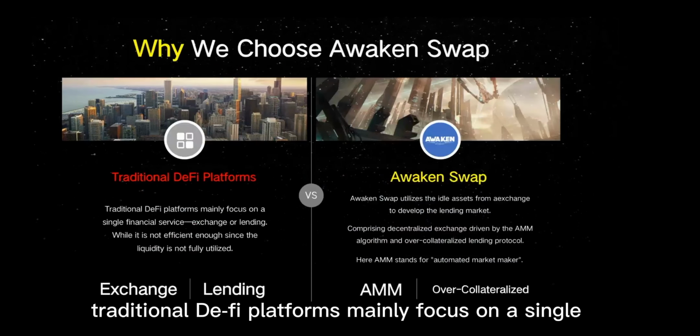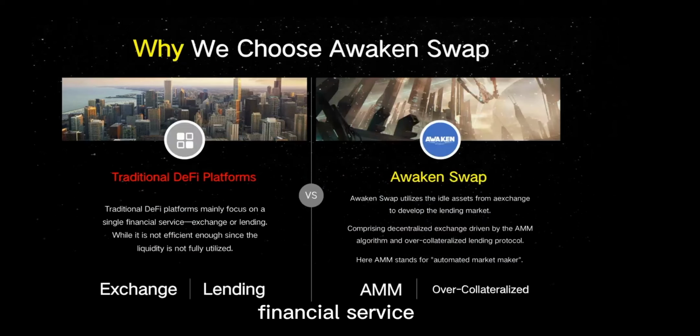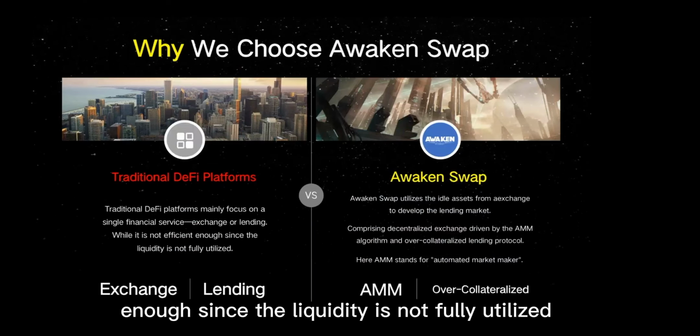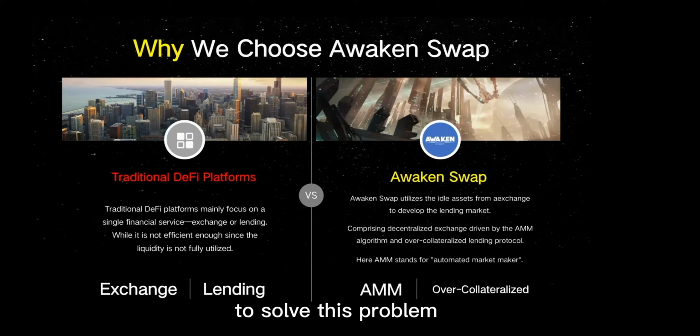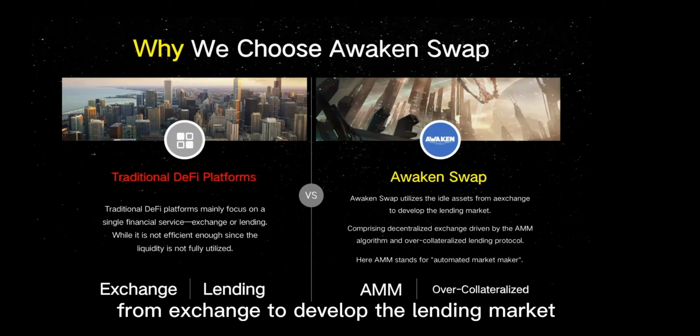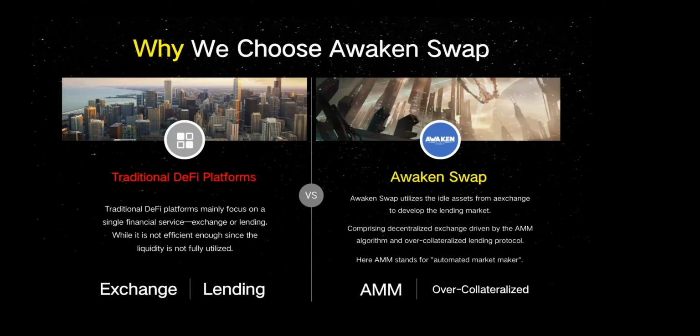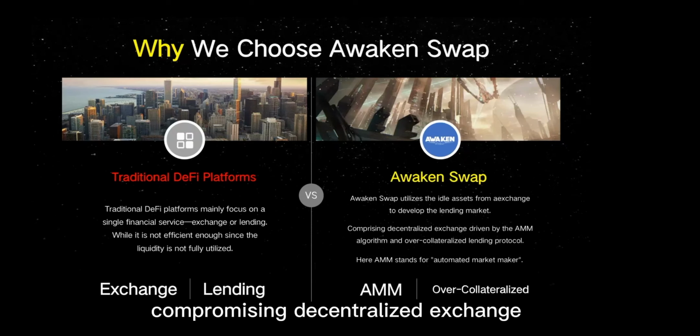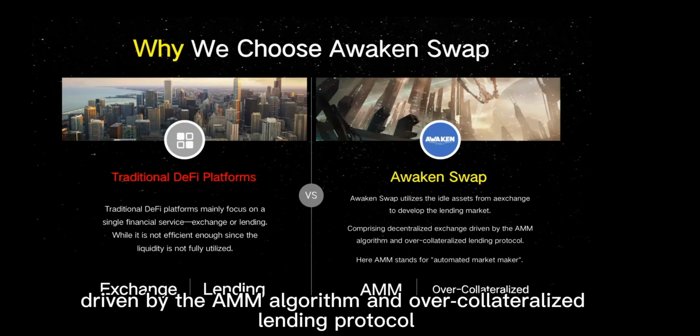And why do we choose AwakenSwap? Traditional DeFi platforms mainly focus on a single financial service, exchange or lending, which is not efficient enough since the liquidity is not fully utilized. To solve this problem, AwakenSwap utilizes the idle assets from exchange to develop the lending market, comprising a decentralized exchange driven by the AMM algorithm and an over-collateralized lending protocol.